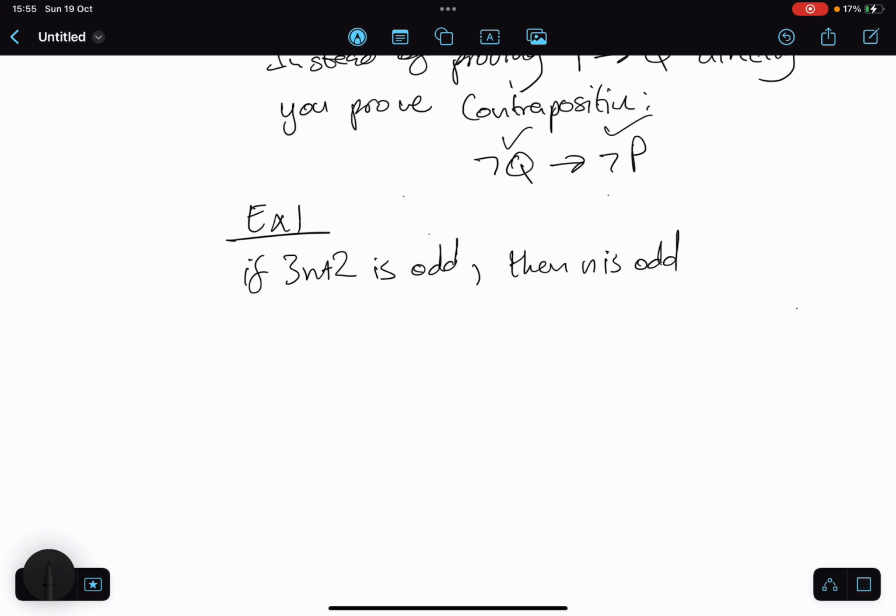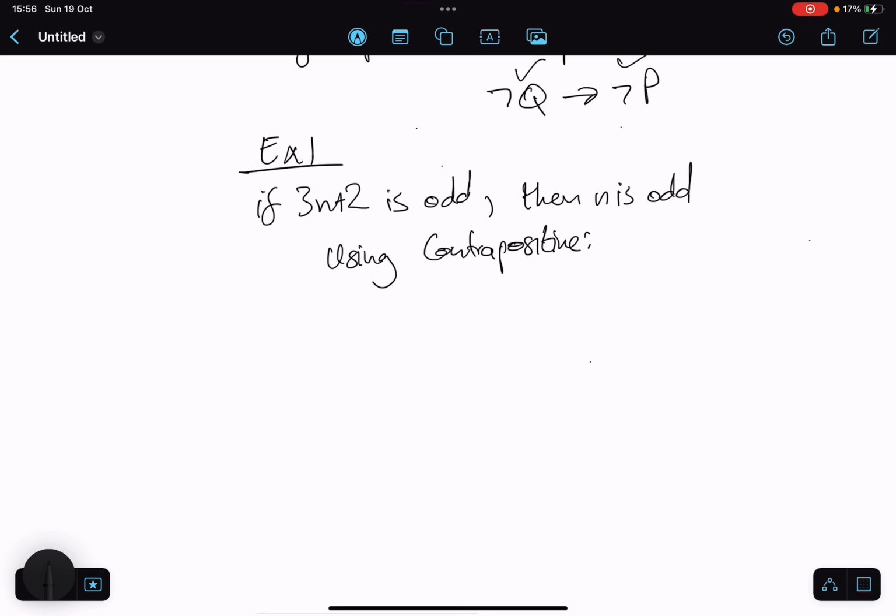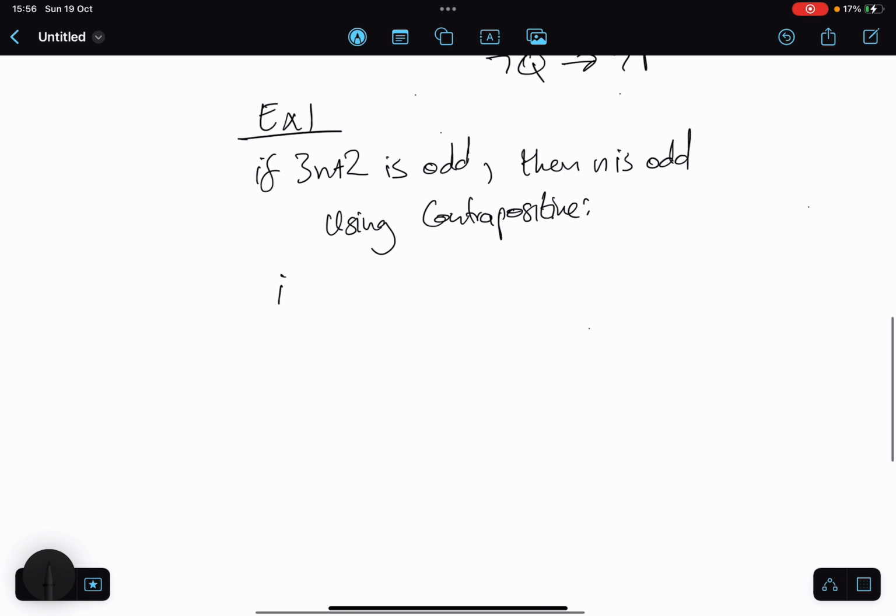So if you want to prove this using the contrapositive, we are going to state it as: if n is even, which is the opposite of what we are given here, then 3n plus 2 is even.